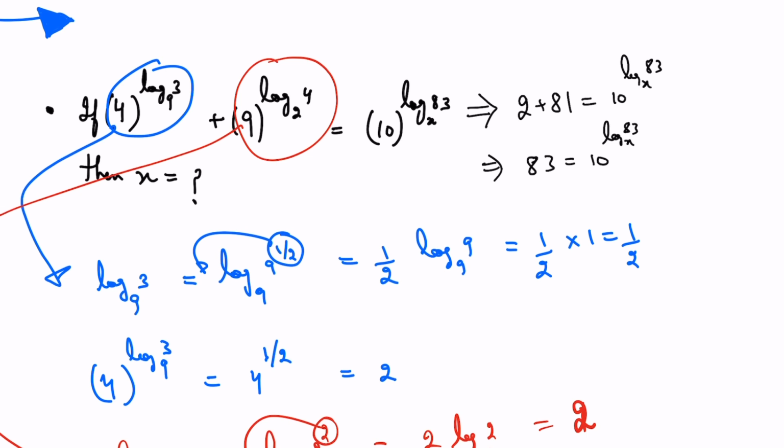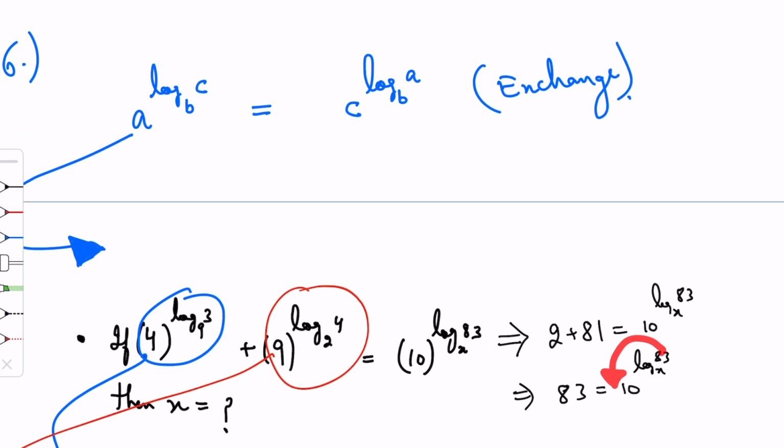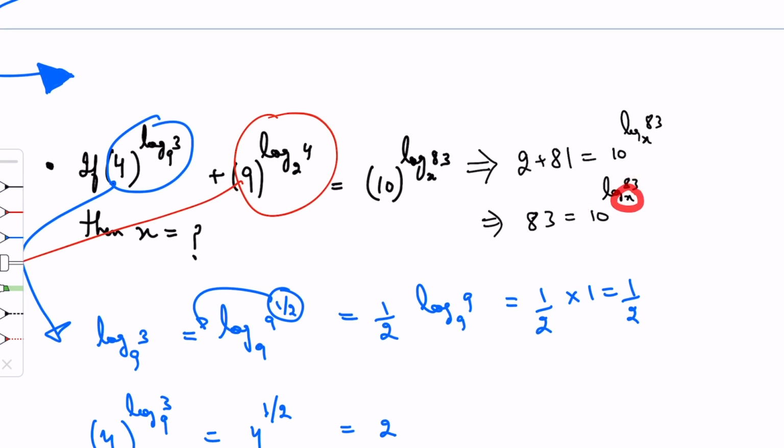And now we see that on this side there is the number 83 present, but this is sitting at the top, and we would be interested to bring it downstairs, and that can be done under this exchange property, keeping b fixed. So b here is x, keeping this fixed, 10 and 83 can be exchanged, they are equal, which means this is just 83 raised to the power log 10 base x.